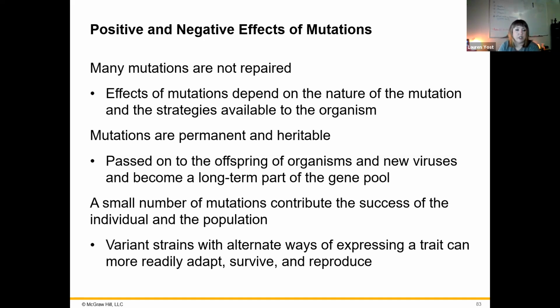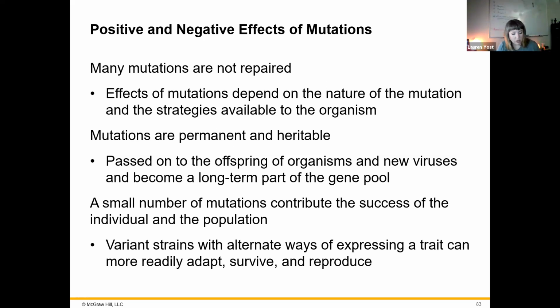So anytime that happens, we have passing on to offspring, right? A small number of mutations can lead to success. So mutations can lead to drug resistance and stuff like that. And the ones that have those mutations are going to be the ones that survive and pass on the mutations to the next offspring. So that's great for bacteria, not so great for us, of course.